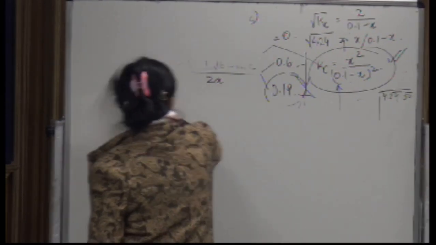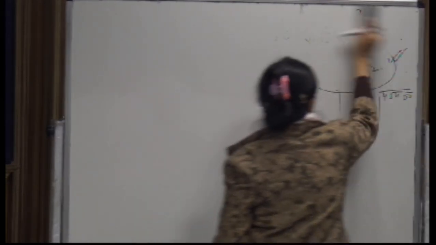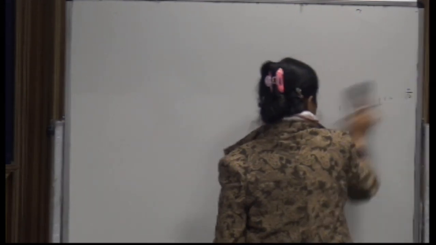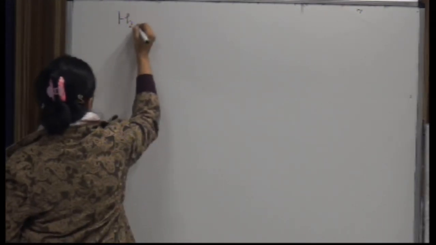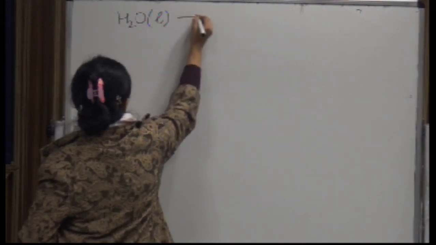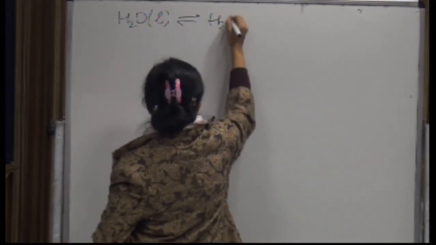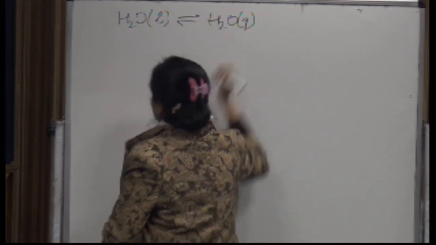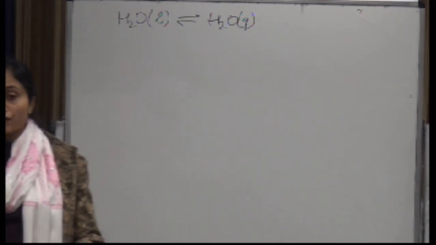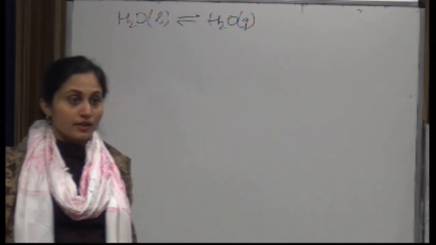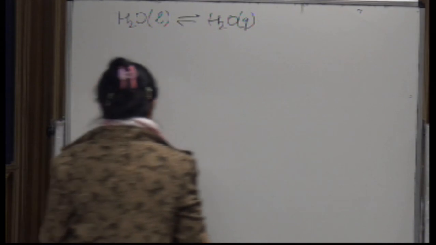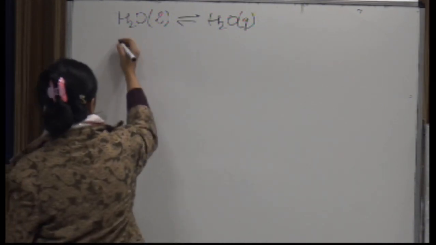Then we can now talk about some kind of heterogeneous equilibria also. I told you what heterogeneous equilibria are: it is the case where one of the phases will not be the same, in which one of the reactants or the products may be in a different phase.